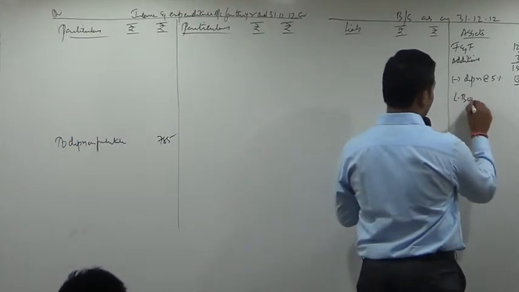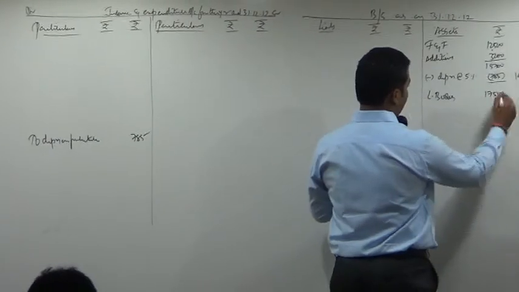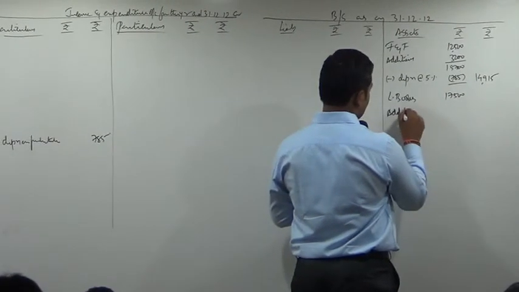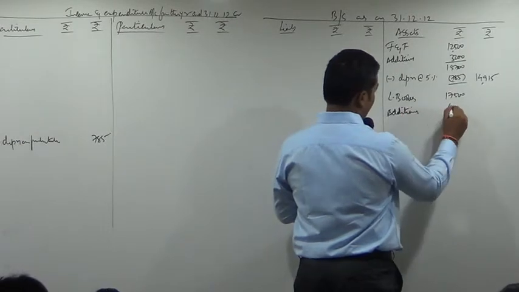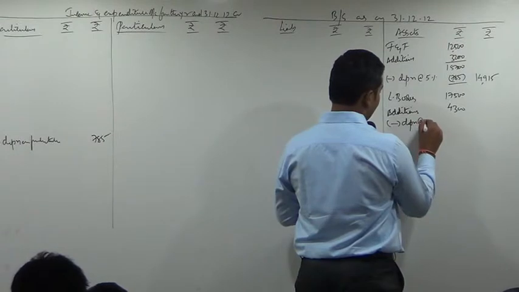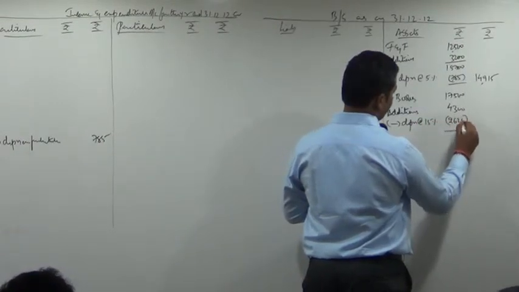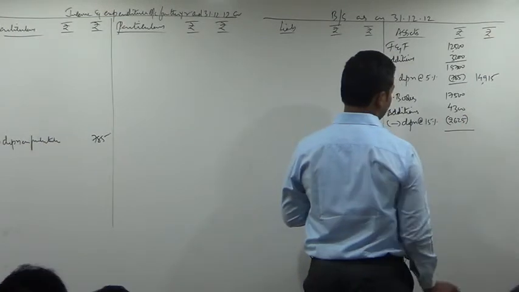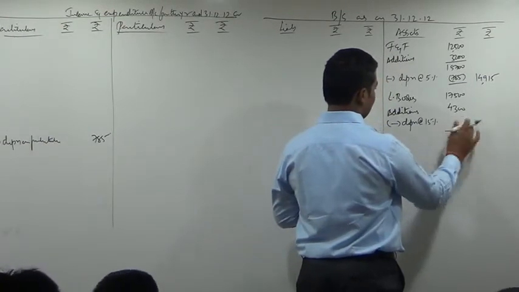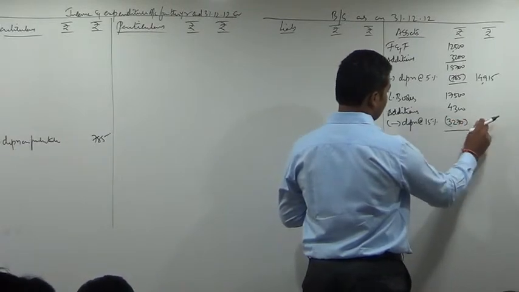Library books. Opening balance was how much? Please tell me. Additions 4,300, less depreciation at the rate of 15%. 26, 32. Balance.